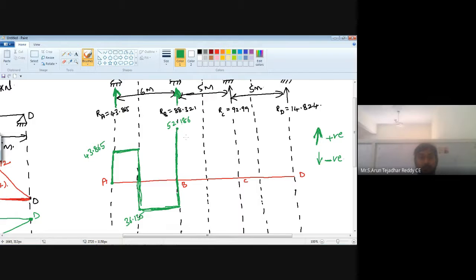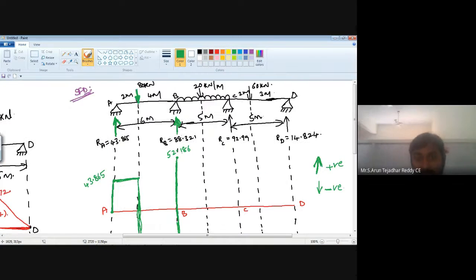Join this point. Okay. Next, after that, see, we have a UDL, uniformly distributed load, 20 kilonewton per meter. It means for 1 meter it is 20 kilonewton. Totally, what is the span here? 5 meter. It means 20 into 5, 100. But the UDL is acting downward direction.